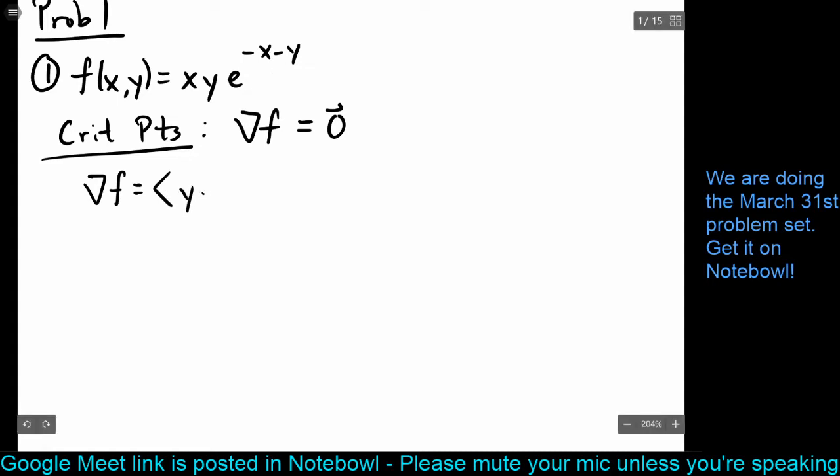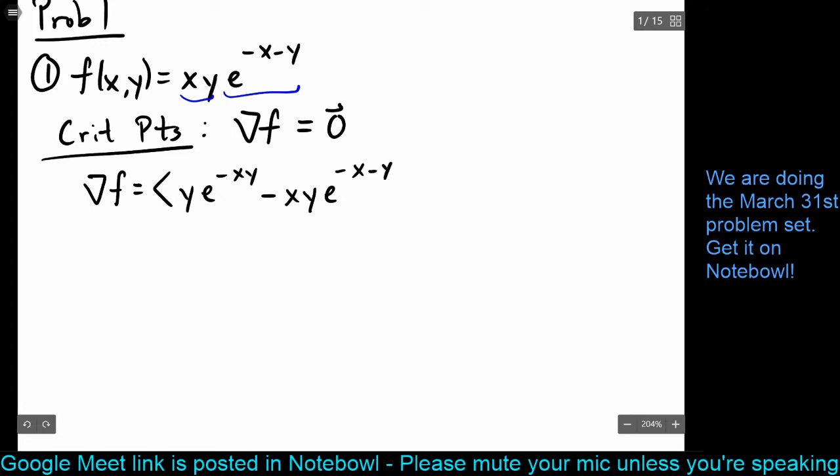We're going to get y e to the minus x minus y when we do the product rule, we can think of it as this part times this part. So that's the derivative of the first times the second, and then plus the first times the derivative of the second, which is just the negative of this. So we're going to get minus x y e to the minus x minus y.